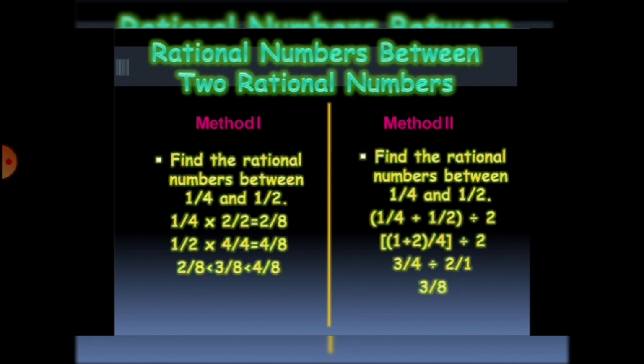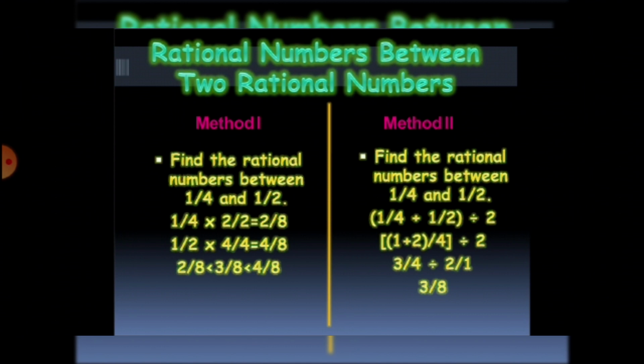Now, rational number between two rational numbers. How to find a rational number between two rational numbers? There are two methods for this. In the first method, we make the denominators equal. Like 1 by 4, if we multiply 1 by 4 with 2 by 2, the answer will become 2 by 8.